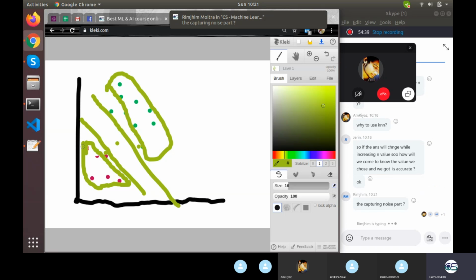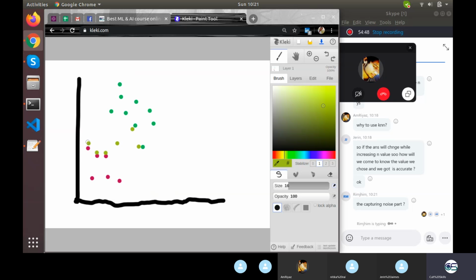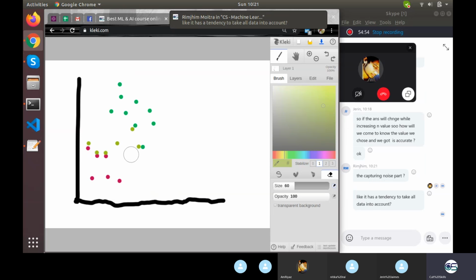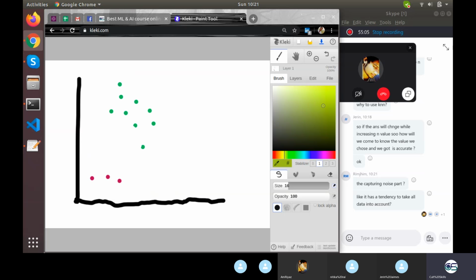So what do I mean by capturing noise? I have a point right here. These are the points, pink and greenish.